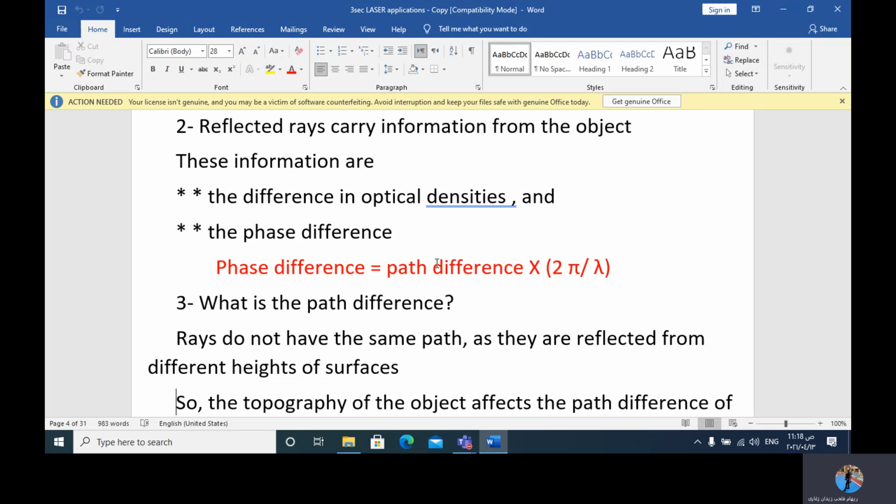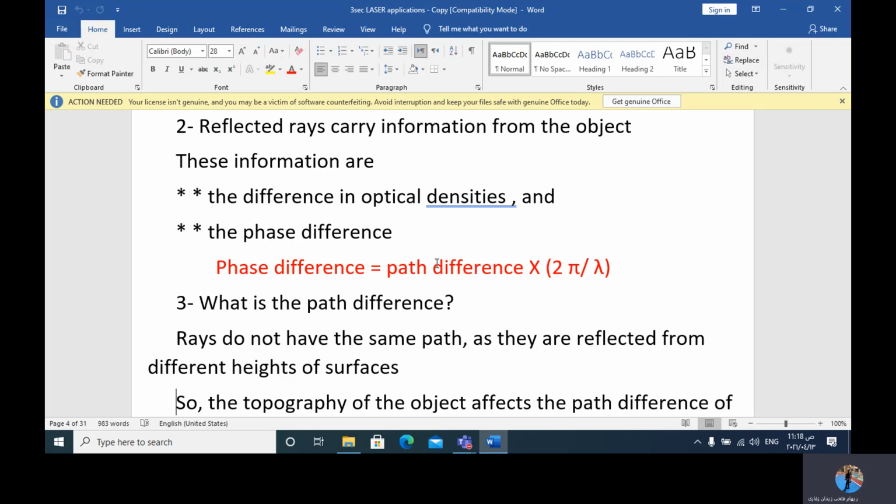Now we have 2 things here coming from the reflected rays. If we care about the difference in optical densities only, we can form a normal image, whether black and white or colored. But if we would like to have the whole truth or the whole information coming from the object, we need to add another feature, which is not only the optical densities, but also the phase difference.